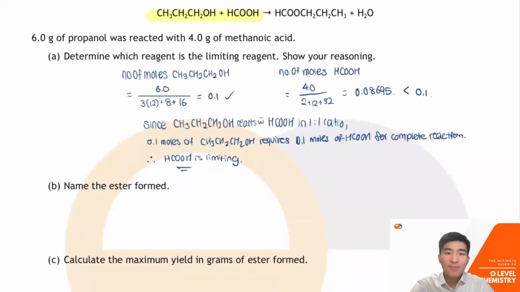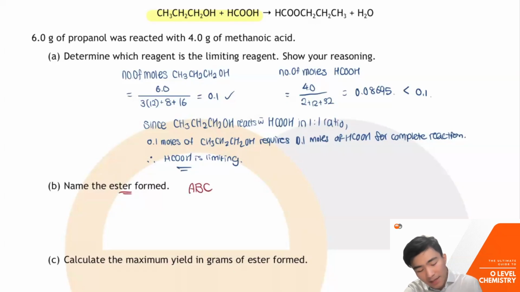Name the ester formed. This one is a bit of organic chemistry, although it's not very difficult conceptually. So for Sec 3 students, please bear with me. For Sec 4 students, this one you should know how to do. Remember, whenever we are talking about ester formation, we always recall ABC, which stands for alcohol before carboxylic acid.